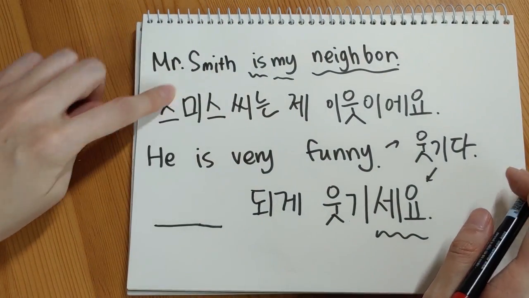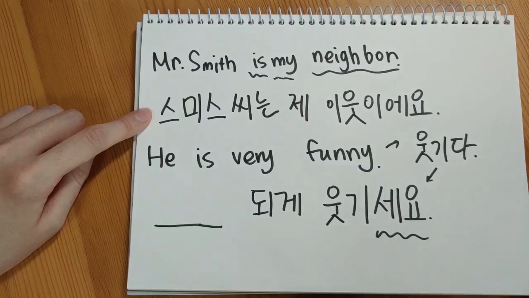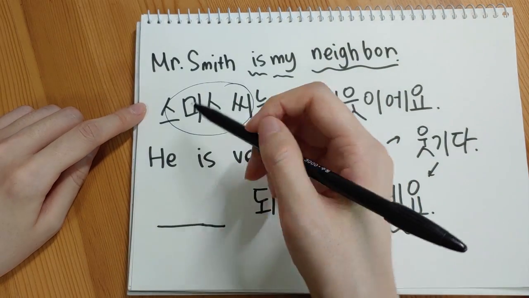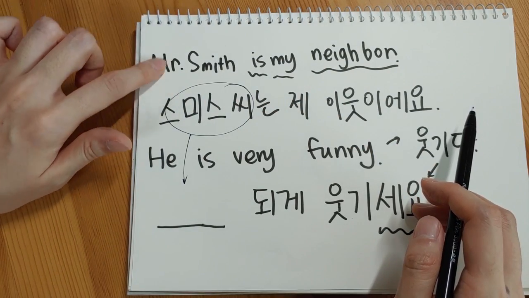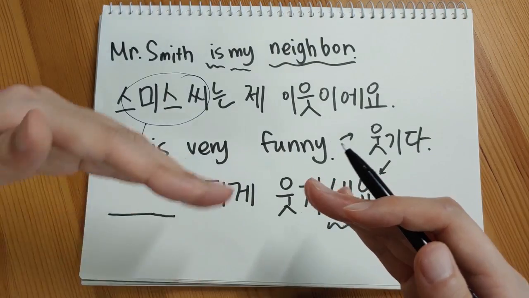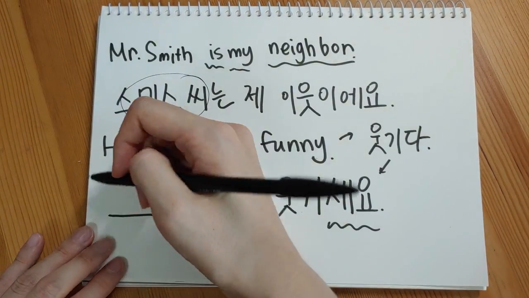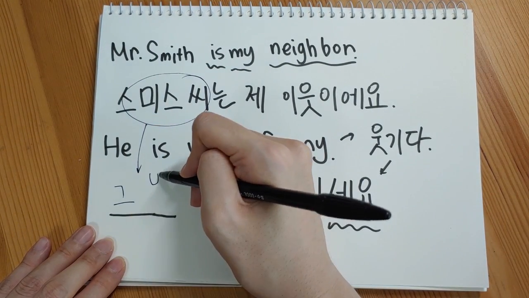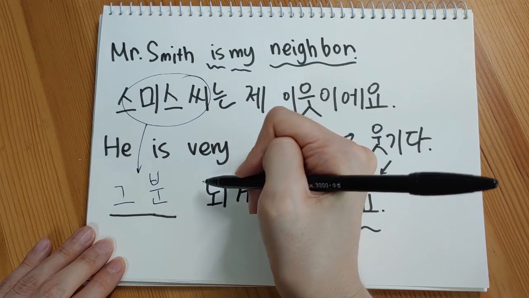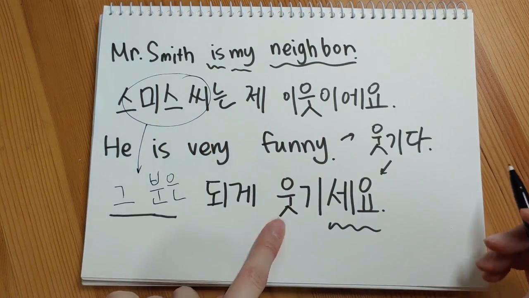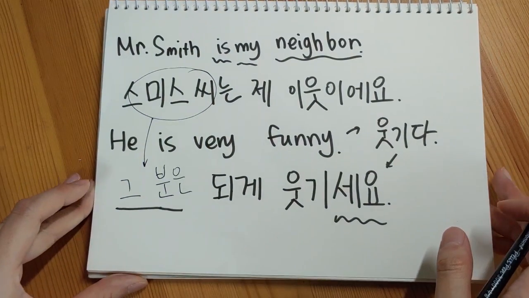And for 스미스 씨, there are various types of pronouns that you can use. So first of all, you already called him Mr. Smith, right? So you're already showing respect to Mr. Smith. So you can use honorific pronoun 그분은 되게 웃기세요.